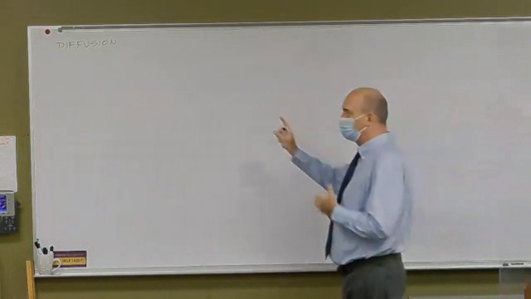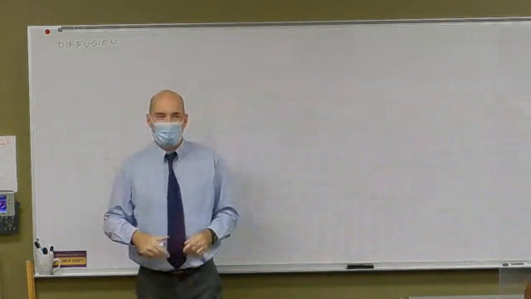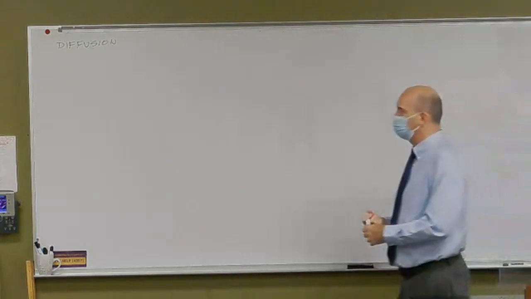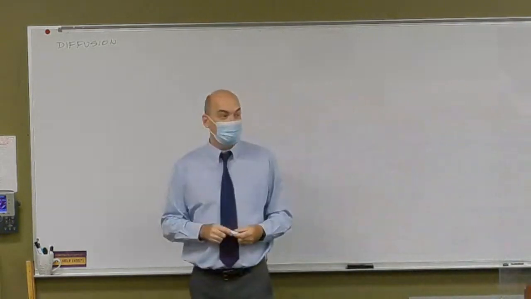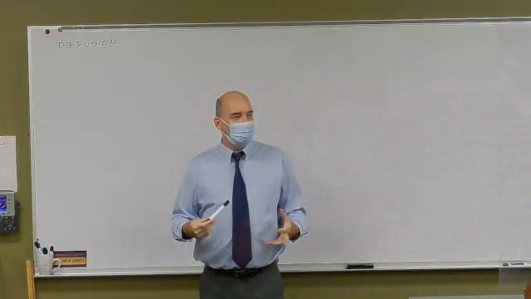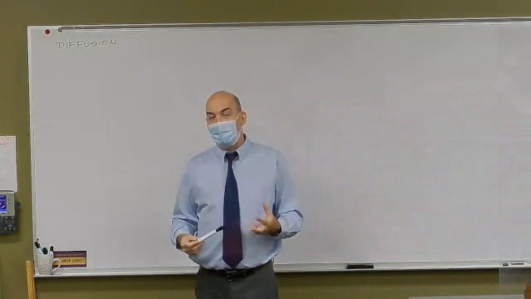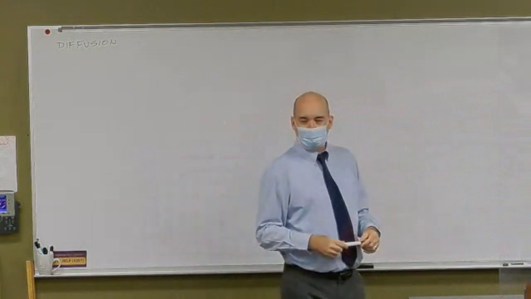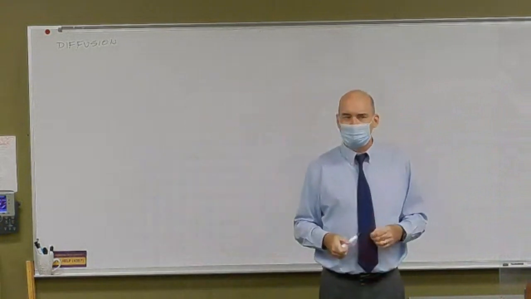We mentioned this briefly as part of the dissolution process. There's a thing called diffusion. And diffusion is important in chemistry because it's the underlying reason why so many of the outward-facing physical properties of matter exist.